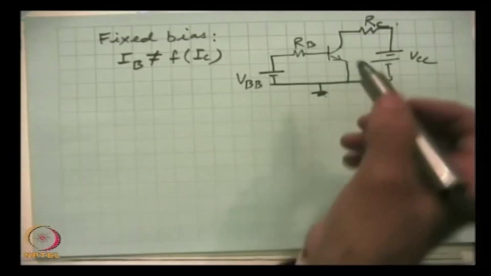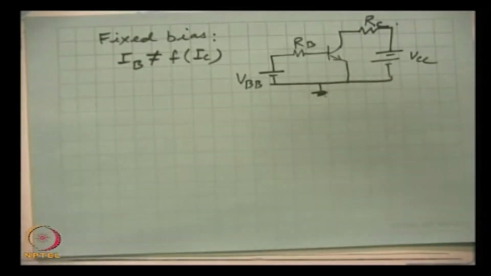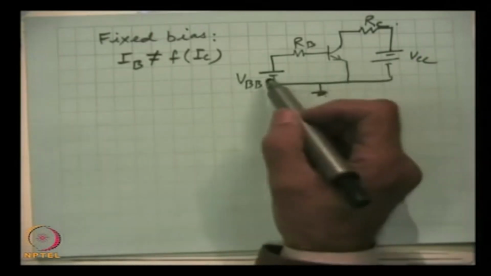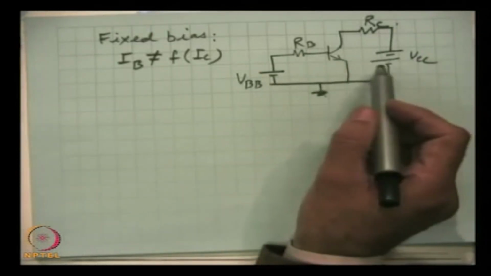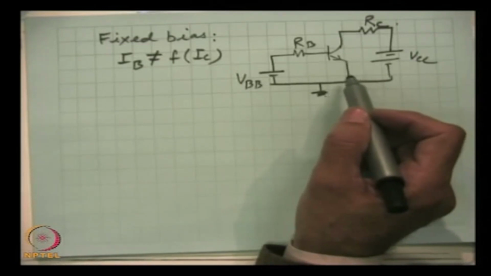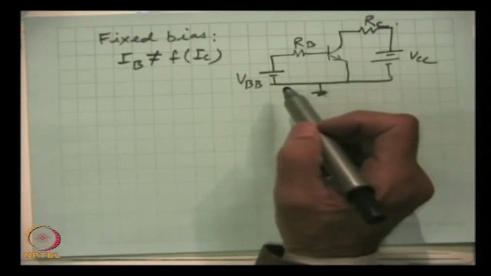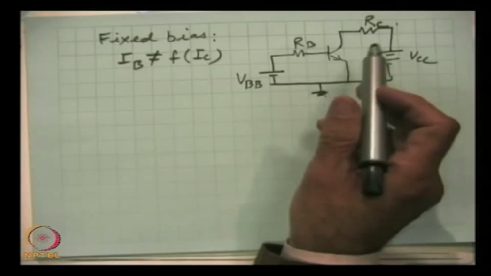This circuit is drawn here in the most primitive way. This is not the actual way circuits are drawn. This needs two batteries, but we can see that even a single battery can be used to bias both junctions.